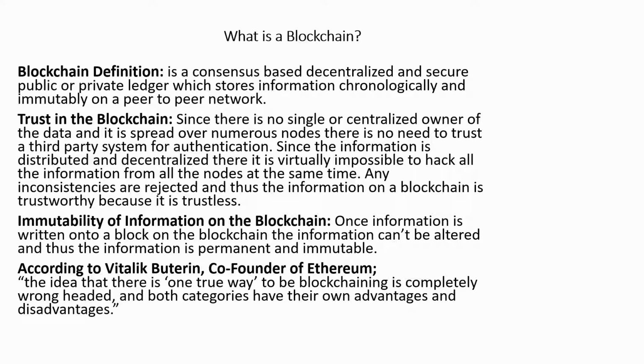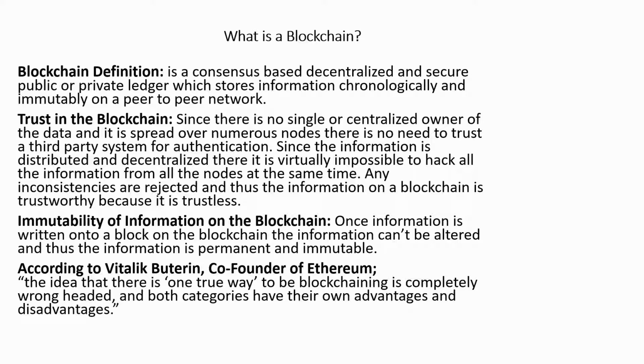Let me put an emphasis on this. You can trust the blockchain because you don't have to trust the blockchain. Right? You don't have to trust that one person is keeping an accurate record because it's in many different places, and any differences between the information are immediately rejected.